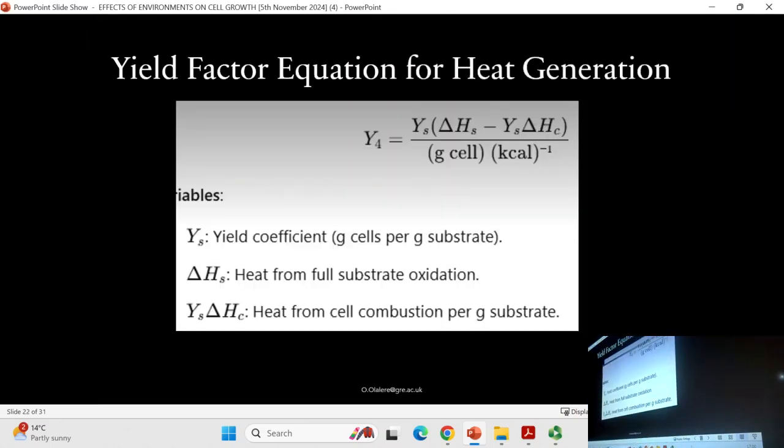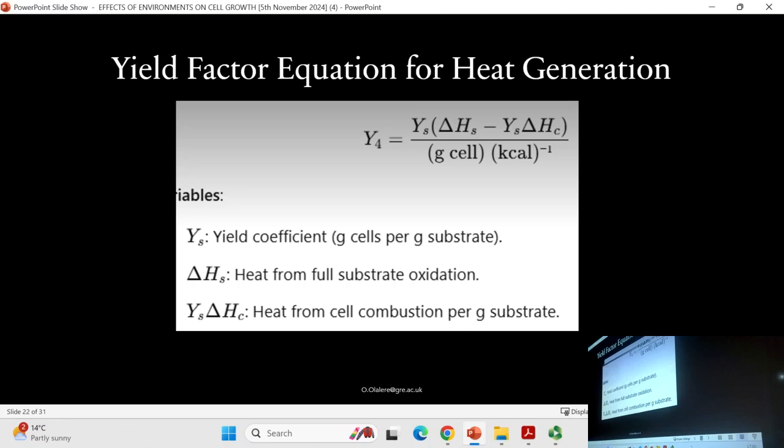So this is the general formula for heat generation, where Ys is a heat coefficient. Most importantly, if you have this kind of question, I will try and have mercy on you and give you the formula from the question. So you have no need to copy that, but not all the formulas anyway.